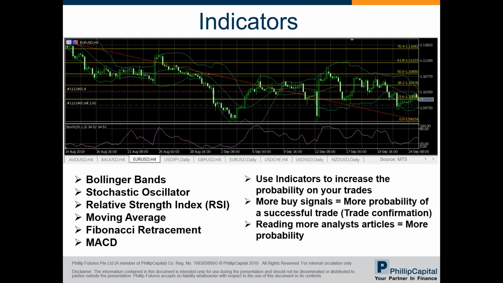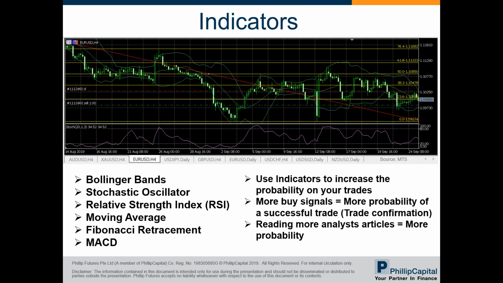And just the more indicators you have, the more beneficial it is for you, because that increases the probability on your trade. So you can see, we use indicators to increase the probability on your trades. More buy or sell signals equals more probability of a successful trade, because you get more trade confirmation.